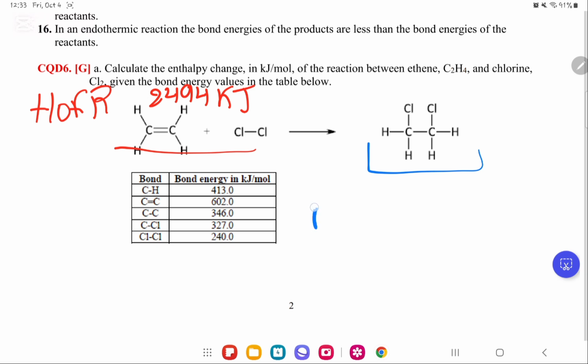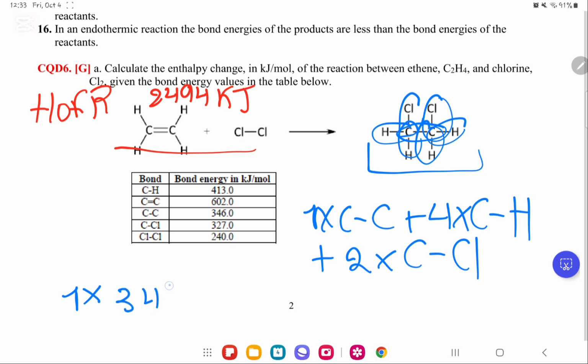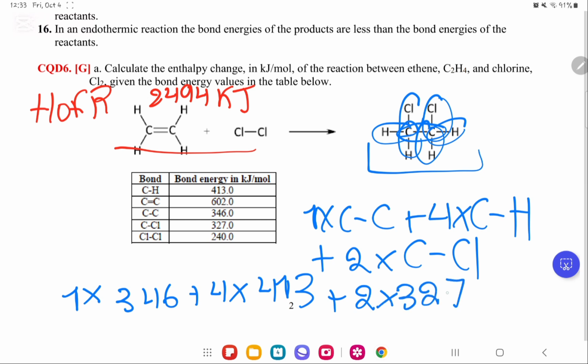Now, let us find the heat of products. In the products, we have 1 C single bond C plus 4 times C single bond H plus 2 times C single bond Cl. So if we replace with the values, it's going to be 1 times 346 plus 4 times 413 plus 2 times 327.